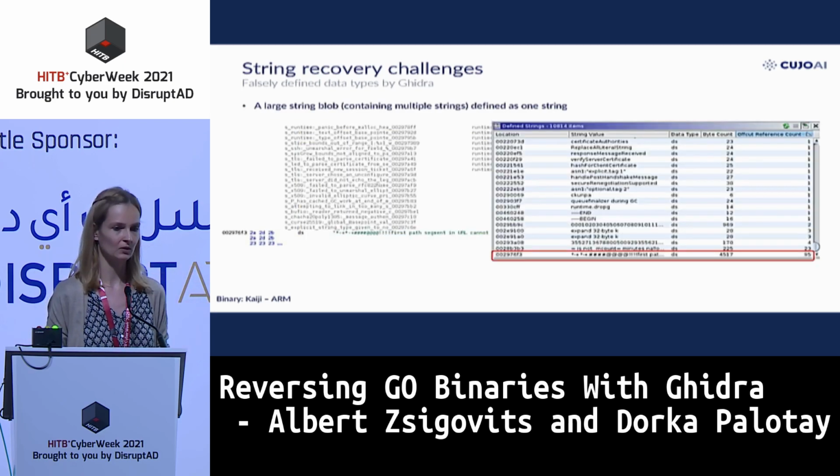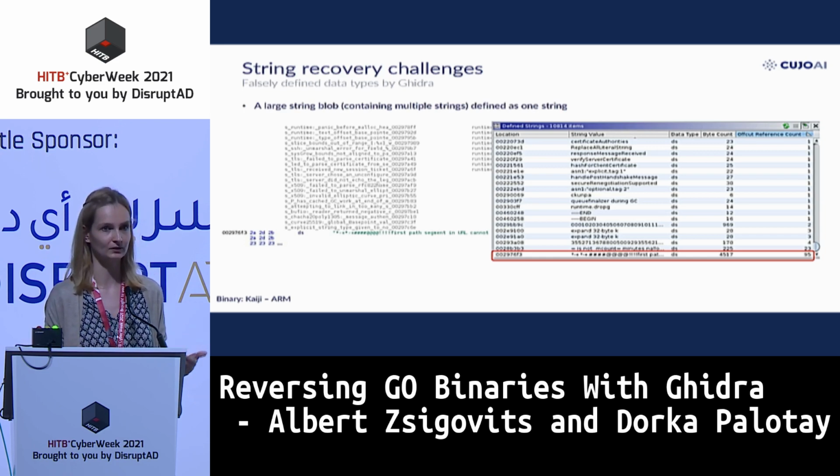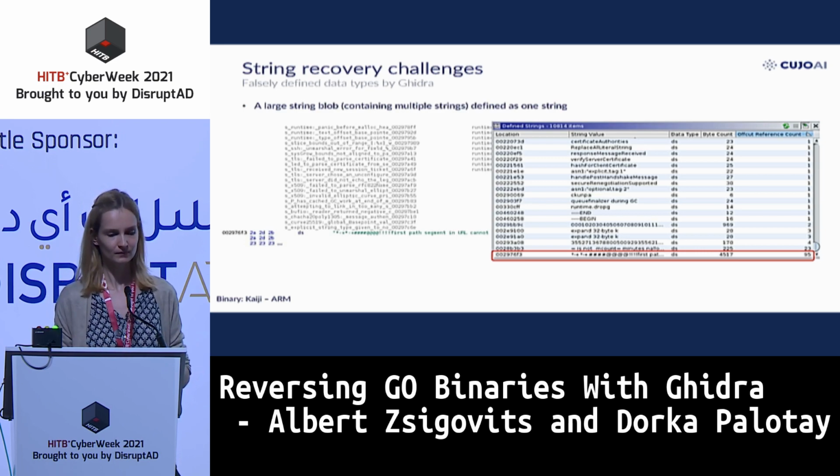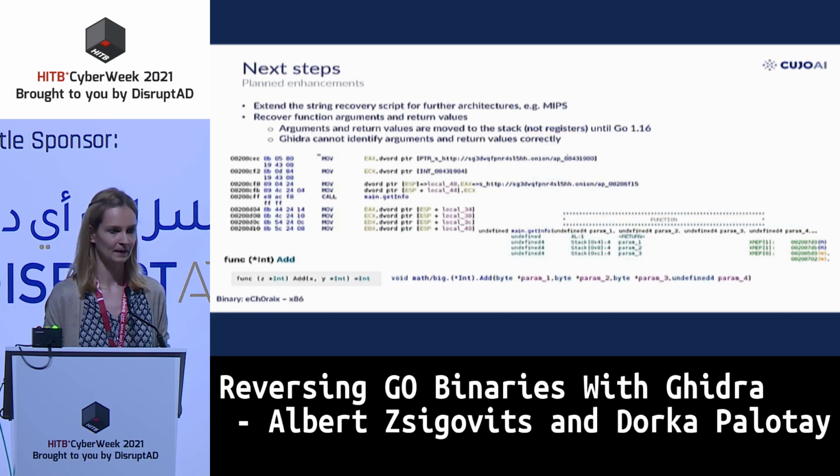So in the defined strings window, you can sort the strings based on the number of off-cut references, and when you see something with multiple thousands of off-cut references, you can safely undefine it, and then you will be able to create the smaller strings. That's also one step that we have to consider. At the moment it is not handled by the script itself, but you can do it yourself to check these specific strings.